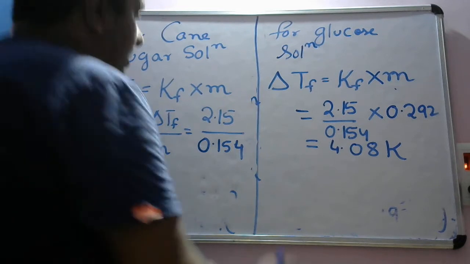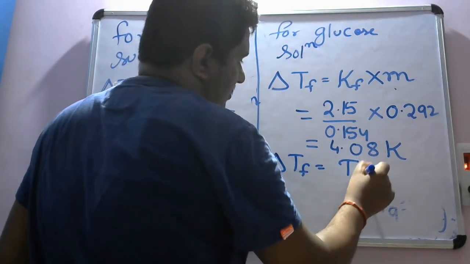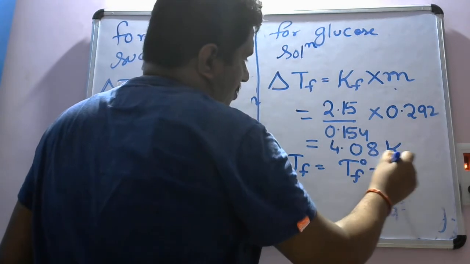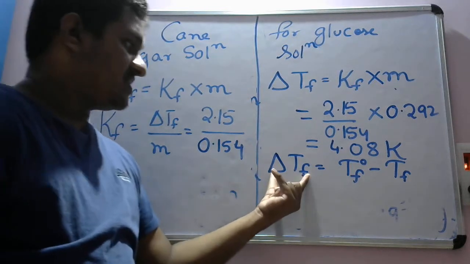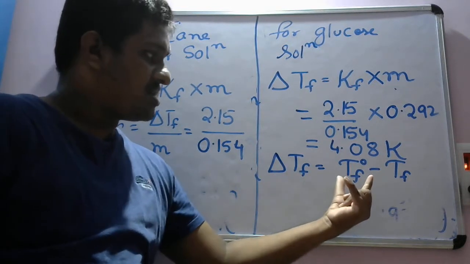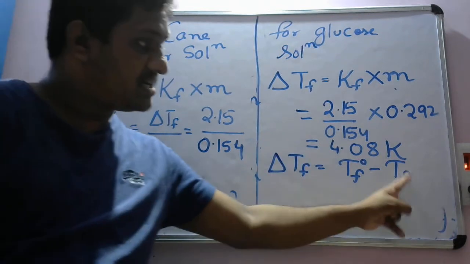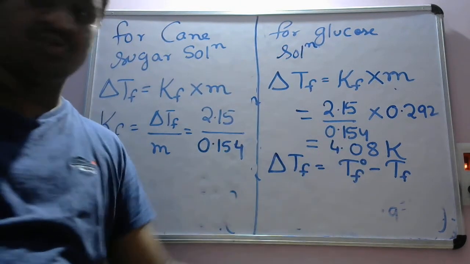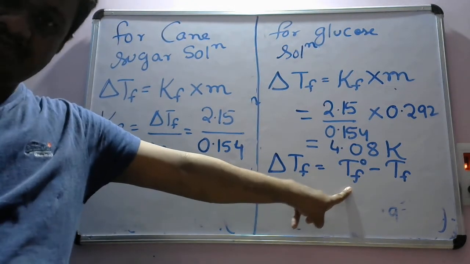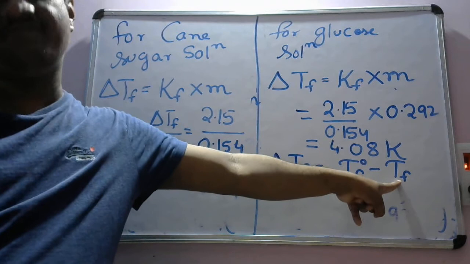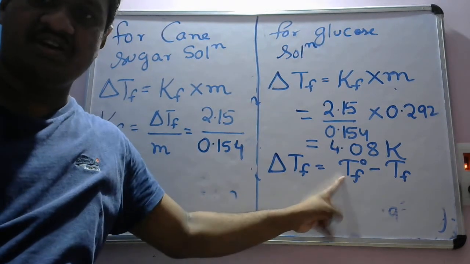Now let me tell you the equation of delta Tf again, that is Tf naught minus Tf. The depression in freezing point formula is freezing point of solvent minus solution. Tf naught means freezing point of pure solvent, Tf only means freezing point of solution, and the solution freezing point is always less compared to the solvent freezing point.